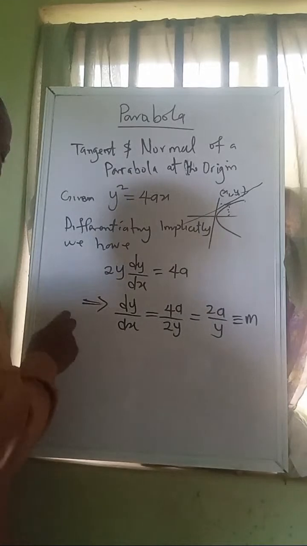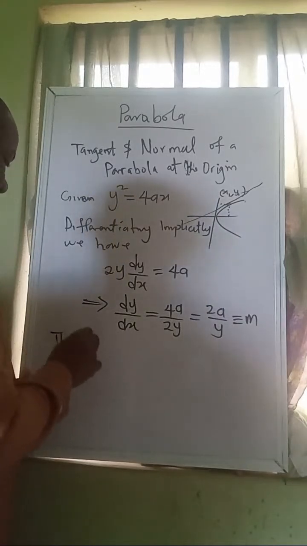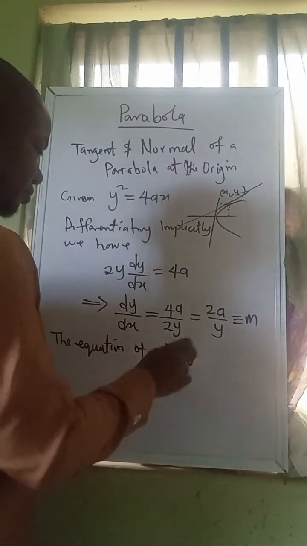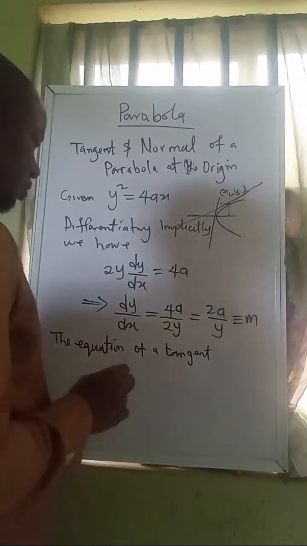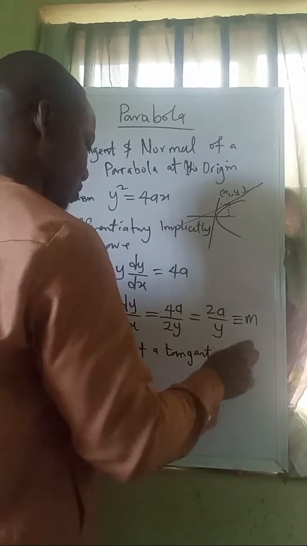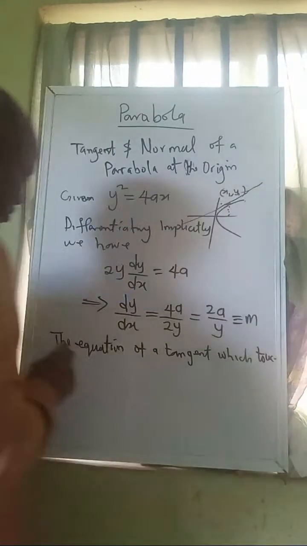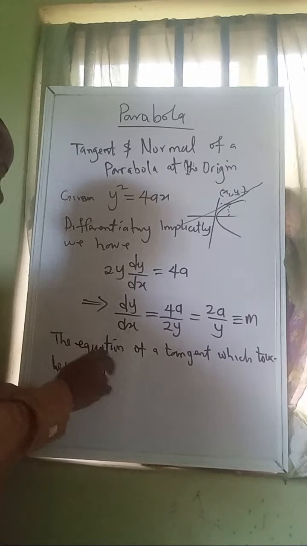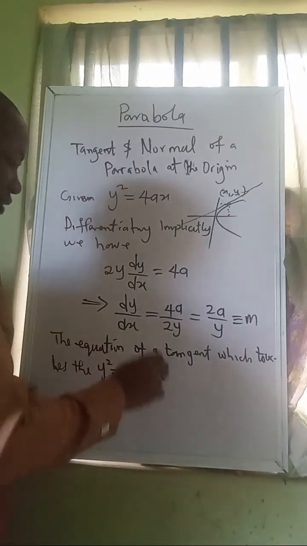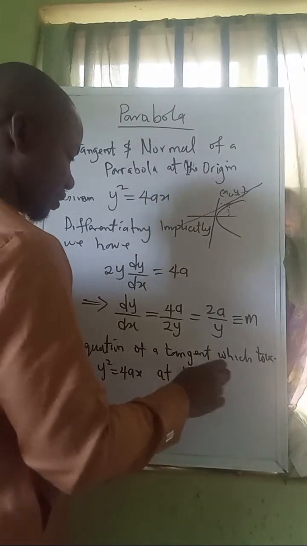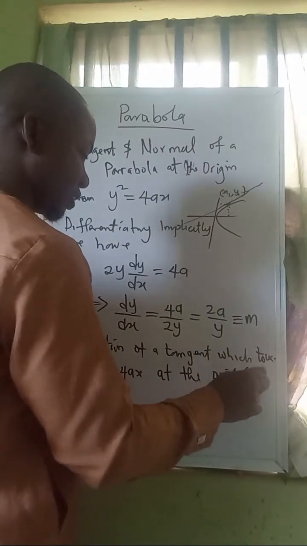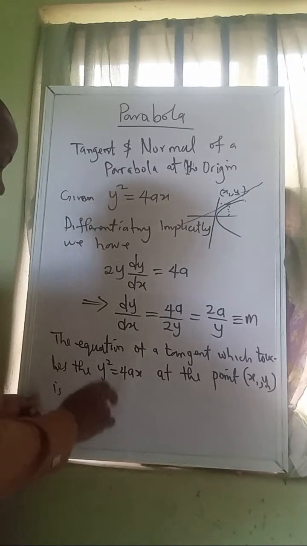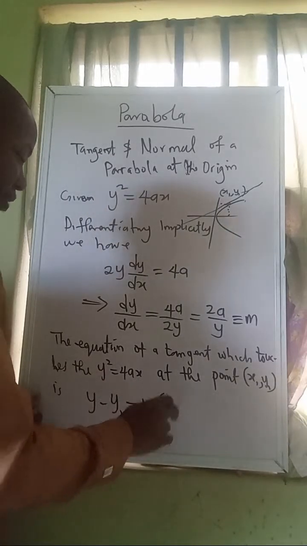So we say the equation of a tangent which touches the parabola y squared equals 4ax at the point x1, y1 is y minus y1 equals m times x minus x1.